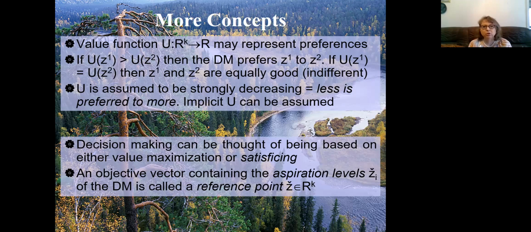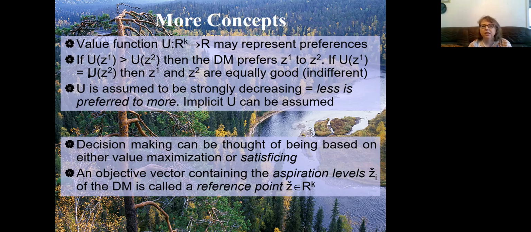And if this is possible, then it means that we can consider our decision-making problem as the one that optimizes this function. It is a single, real-valued function, and in that way we would get the best solution for the decision maker, assuming that this function is able to represent the decision maker's preferences and desires.